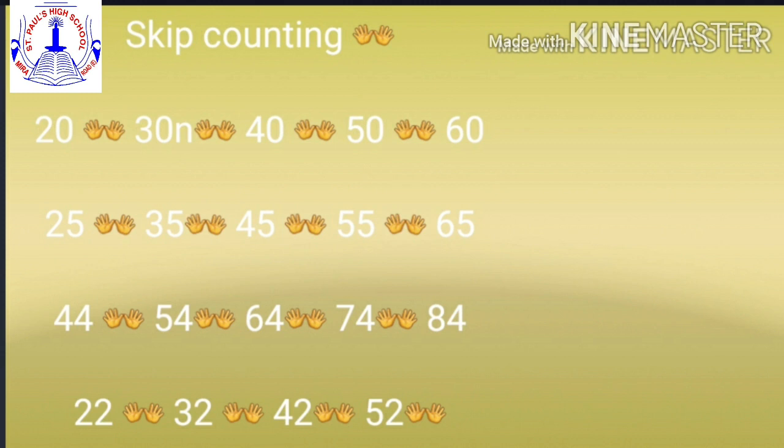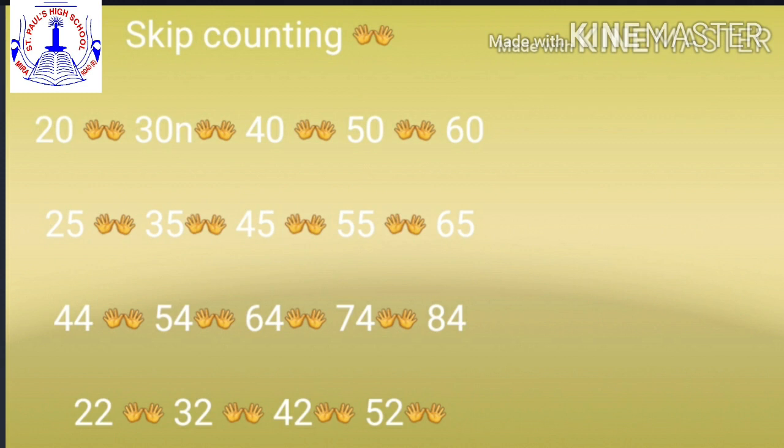Come down now. Now I have changed the units place number, but as I said, how you used to write 0 as it is in ones place, same way whichever digit is there, you don't have to change the ones place number, children. Understood?